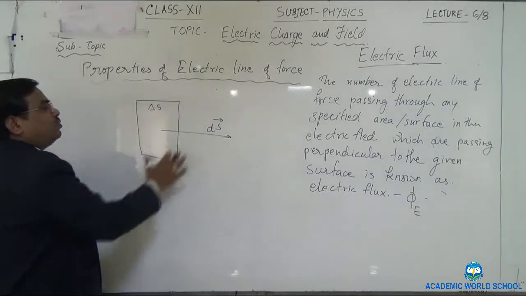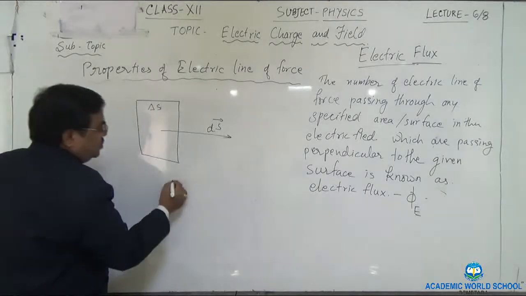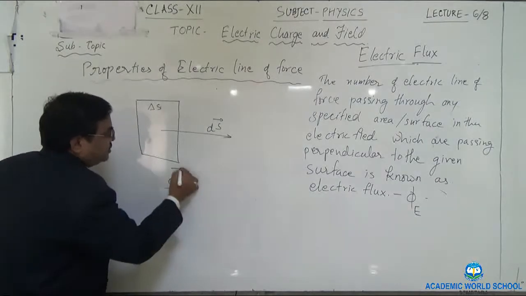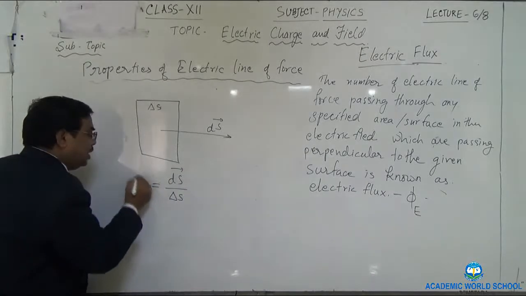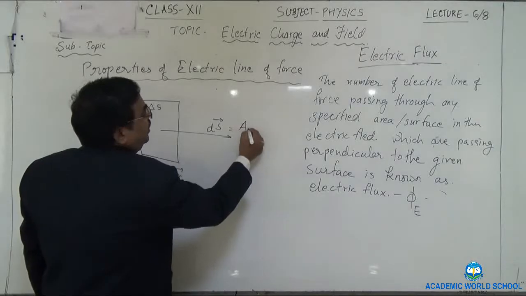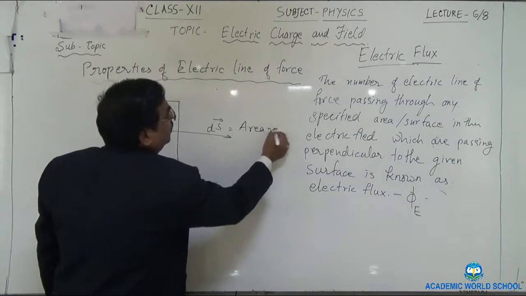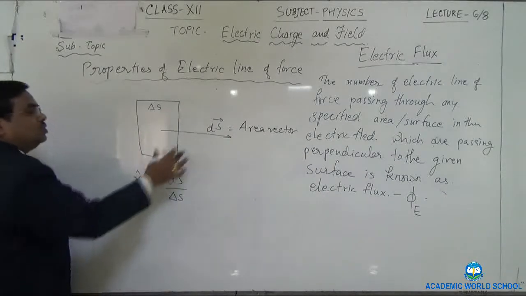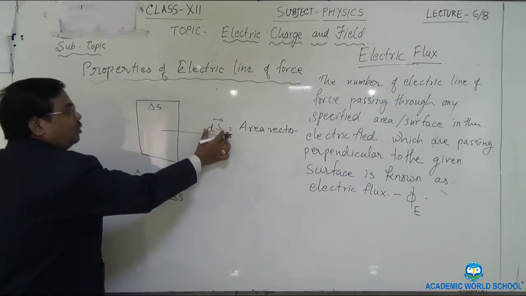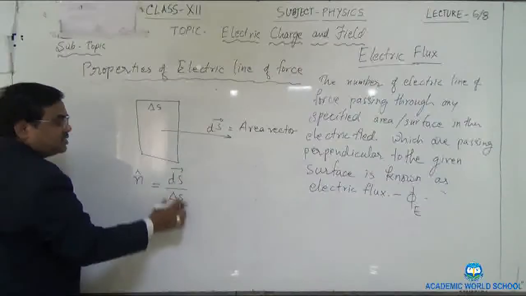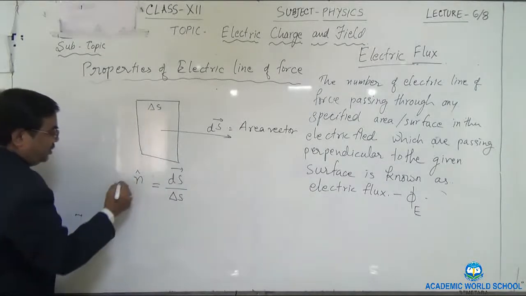The area of this is delta S. So ds divided by delta S is equal to n cap. ds is your area vector. So area vector has got a direction, and the area vector divided by its magnitude is a unit vector.